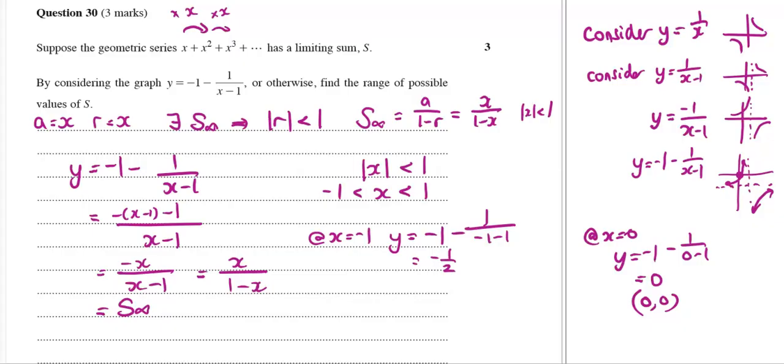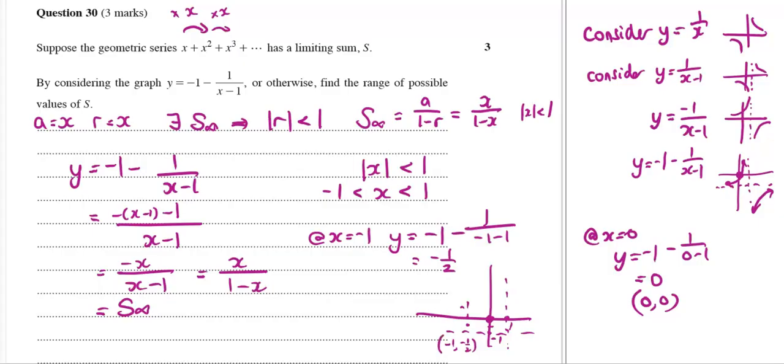So let's zoom in on that function, which I drew before. I know it goes through the origin. I know that there are asymptotes there and there, at 1 and -1. And I now know that when x equals -1, which is as low as it goes, it goes through minus a half. So that point there is -1, minus a half.